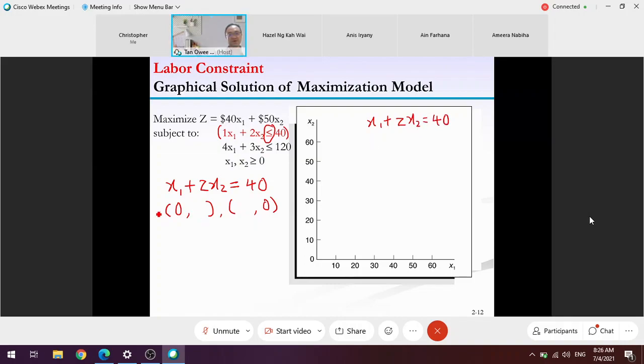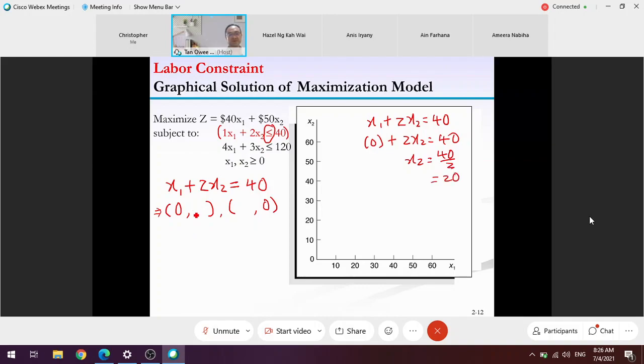For the first point, we need a minimum of 2 points in order to plot a line. So these 2 points I suggest you pick. You can pick at any location, but I think the easier way is to identify these 2 points at the axis. So number one is x1 equals 0. If x1 equals 0, I try to find x2. So x2 is equal to 40 divided by 2, which is equal to 20.